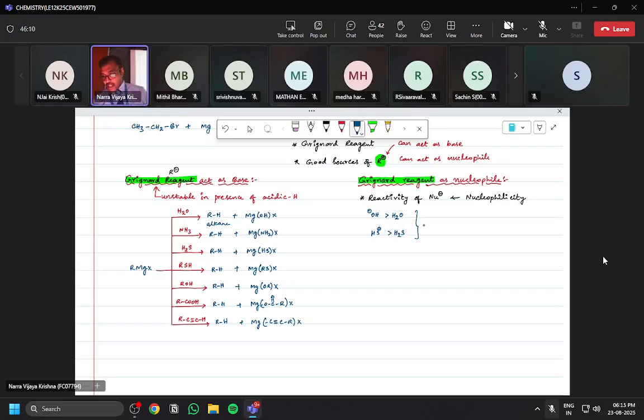So I am writing the same point. Conjugate bases are better nucleophiles.